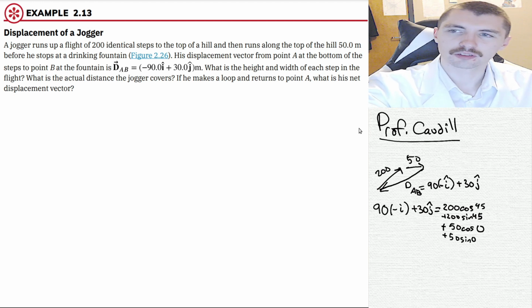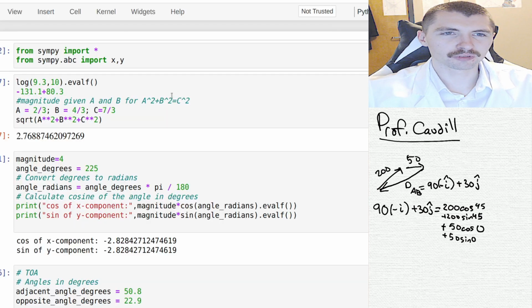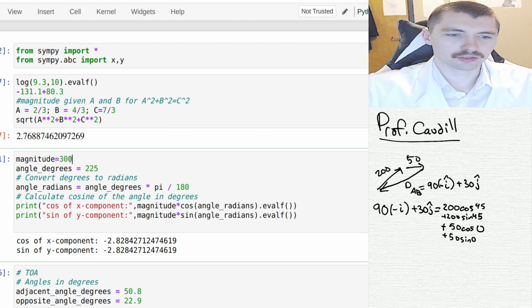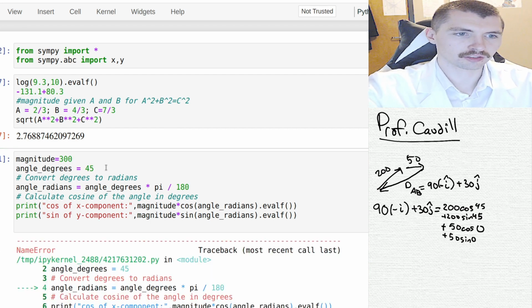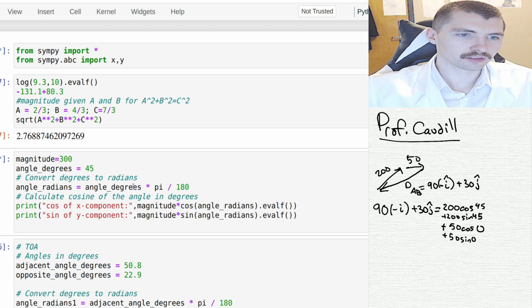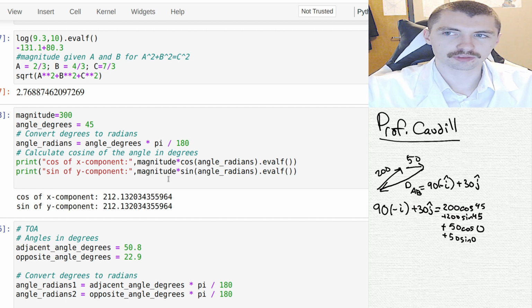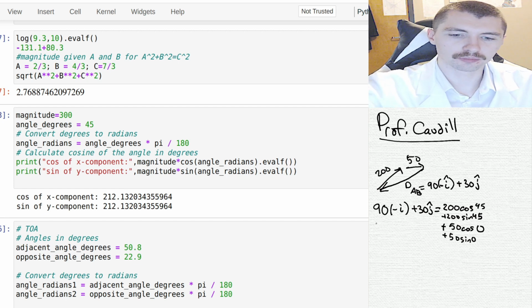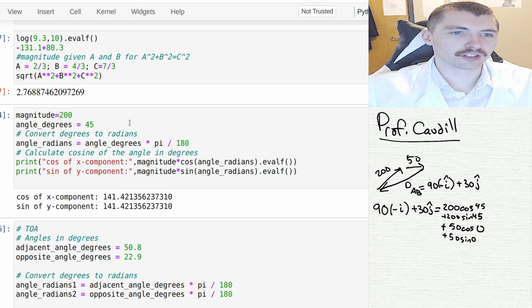I'm not sure if this is even close, but we'll run with it a little bit. Okay, so 345 degrees. Components are 212. Oh, I missed a number. 200, 45, 141.